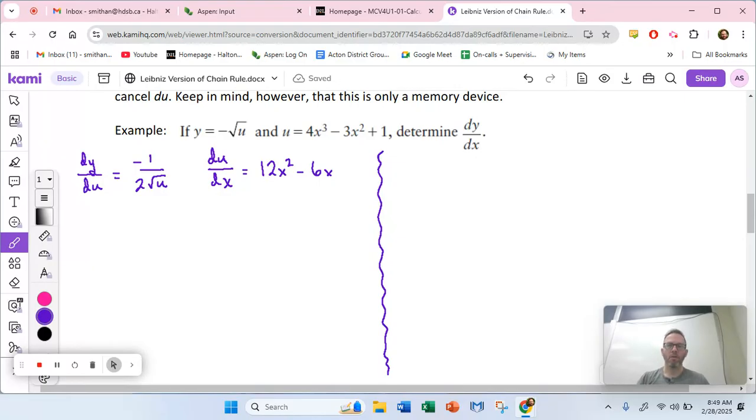All right, so chain rule says that dy by dx is equal to dy by du times du by dx, and we've just found those 2 things, so we'll replace those, and then we'll do any simplifying.